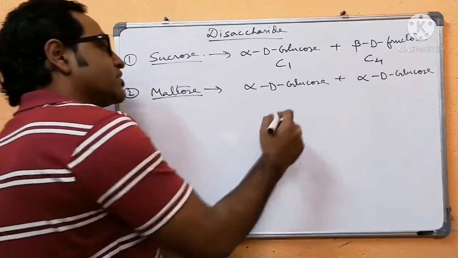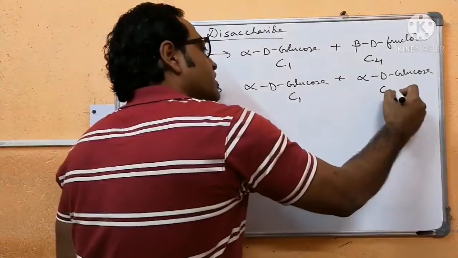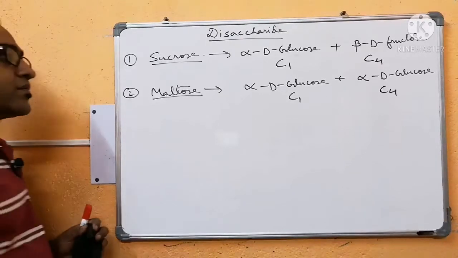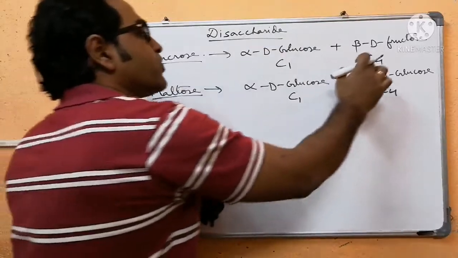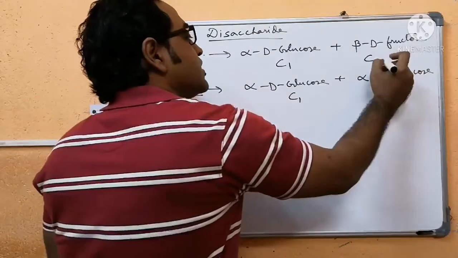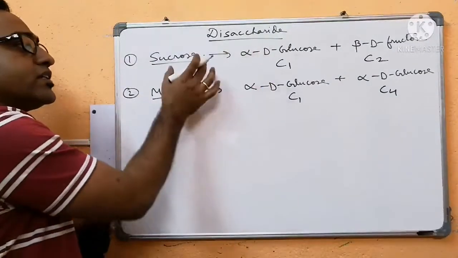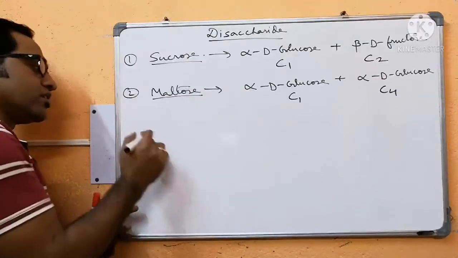Here also the connection is C1, C4. Okay. Sorry, for sucrose it is C1 and C2. C1 and C2, and because of that only it is non-reducing, these are reducing.